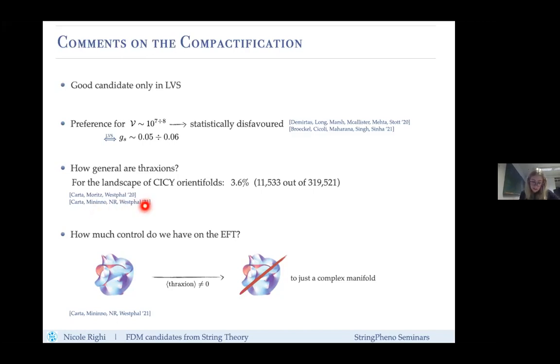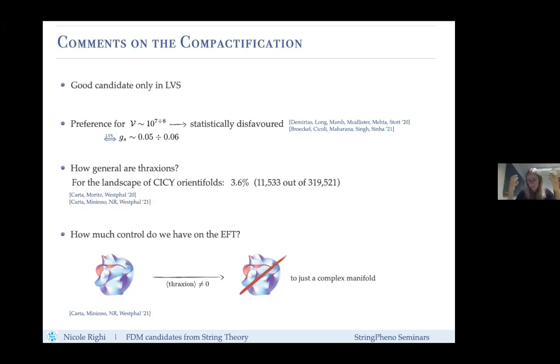This is another thing that we studied in this paper, starting from the database built by Carta, Morris and Westphal. We have this database of CC-orientifolds, and we also have the CC-orientifolds which can host thraxions.